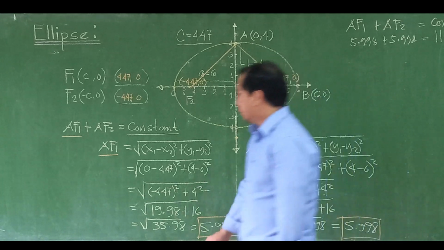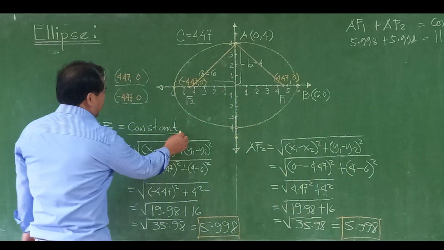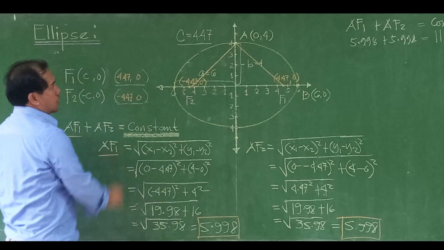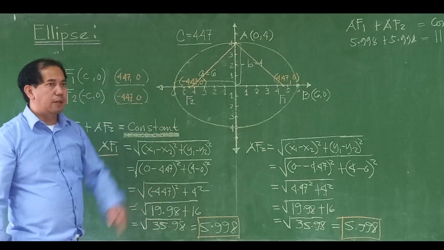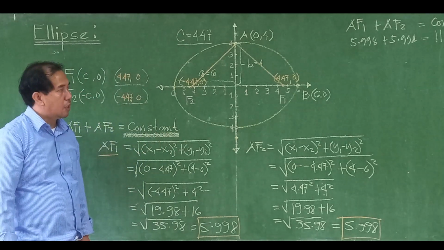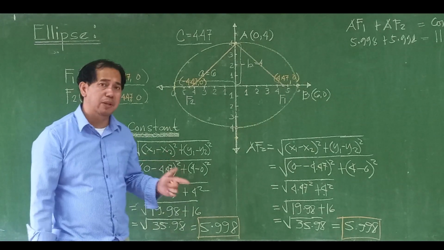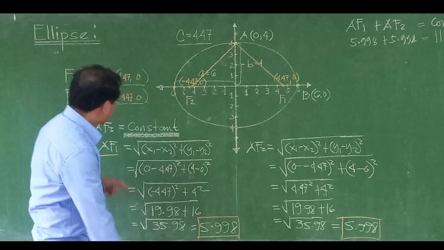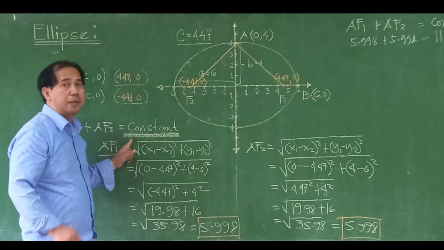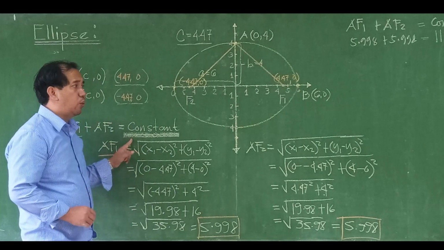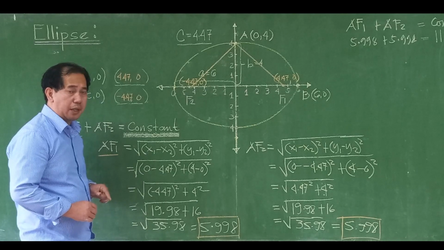Now, notice that the constant that we computed is 11.996. Now, meantime, we do not say the constant is 11.996. Why? Because we need to verify using the other point. Meaning to say we are going to compute again the other point.